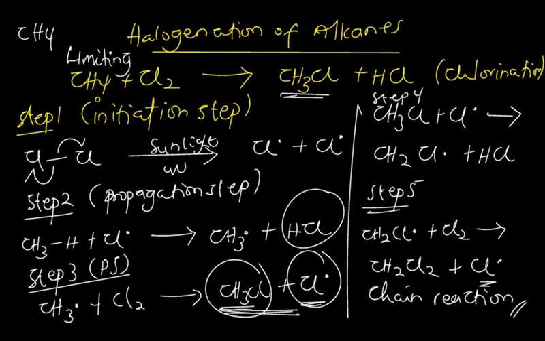It will go and attack the new methane molecule in solution to give us another chloromethane. So we have chloromethane produced in excess. But in the absence of excess methane, they will be forming dichloromethane, trichloromethane, and then tetrachloromethane. So this is how halogenation of alkanes occurs in the presence of sunlight.